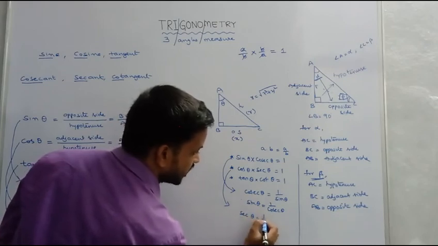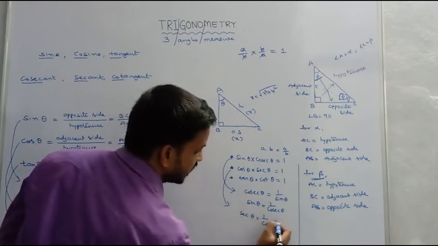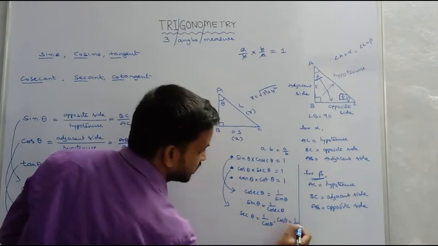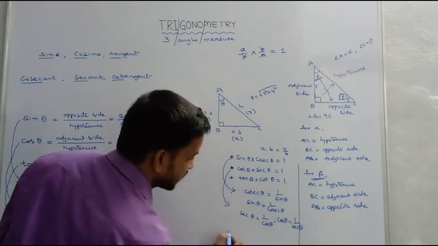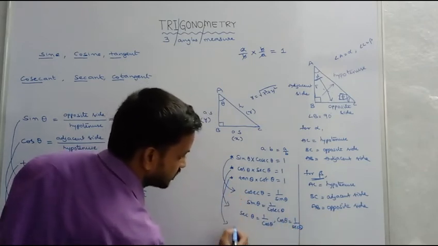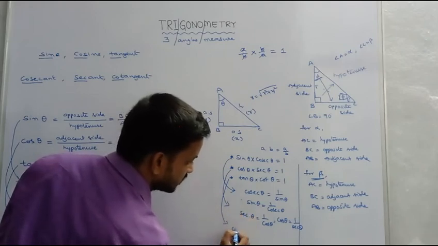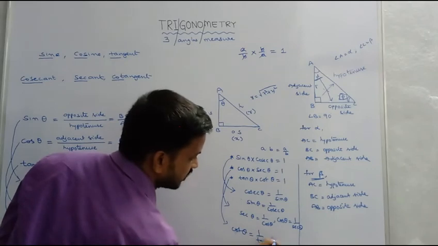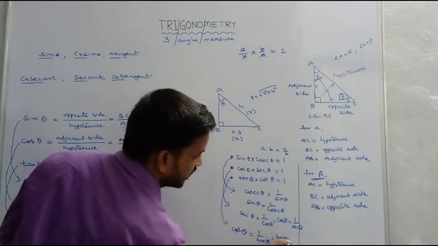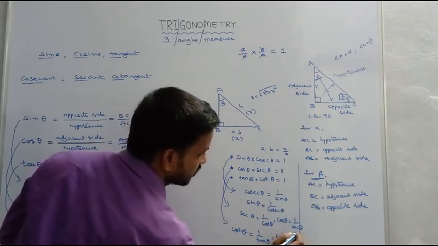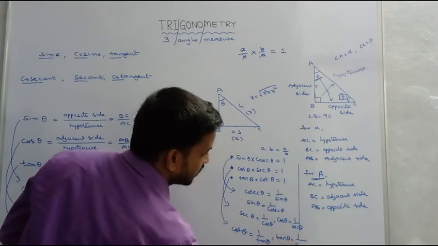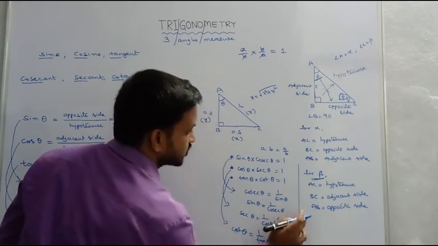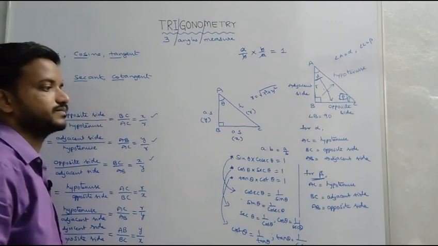Sec theta is 1 by cos theta, and even we can write cos theta is 1 by sec theta. And from the third, cot theta is equals to 1 by tan theta, and even we can write tan theta is equals to 1 by cot theta. So we can get these relations.